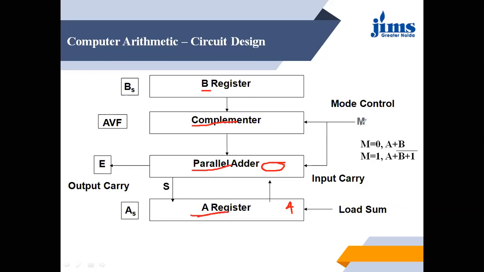When M is equal to 0, the circuit is working as an adder, and when M is equal to 1, the circuit is working as a subtractor. So this is the basic concept behind the circuit design of addition and subtraction.